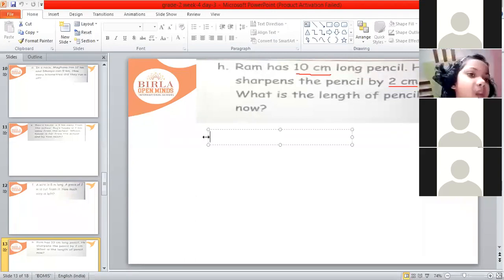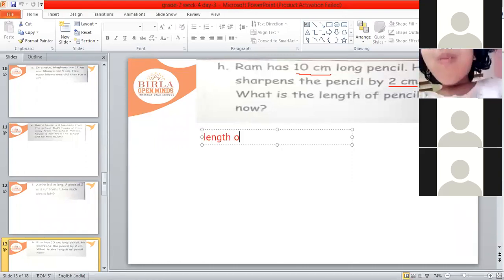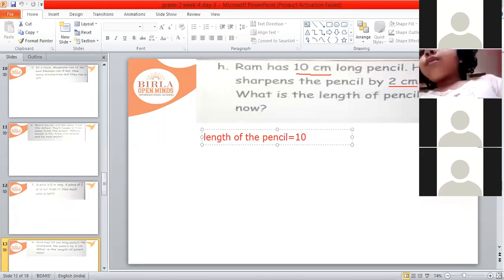So we'll write here length of the pencil. Start writing, children. Length of the pencil is equal to 10 centimeter.